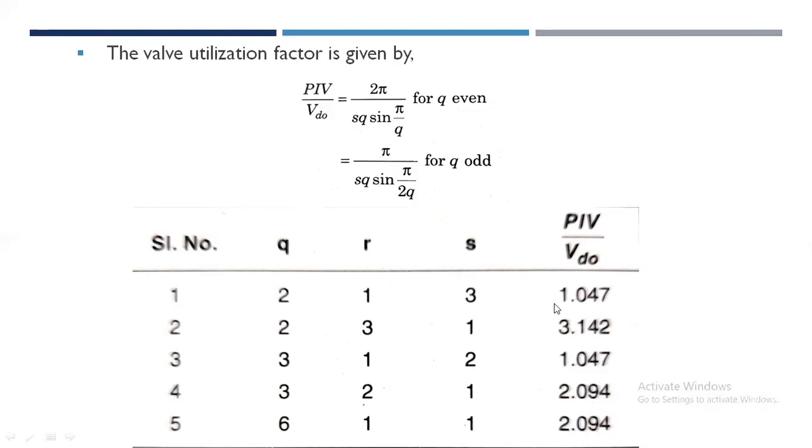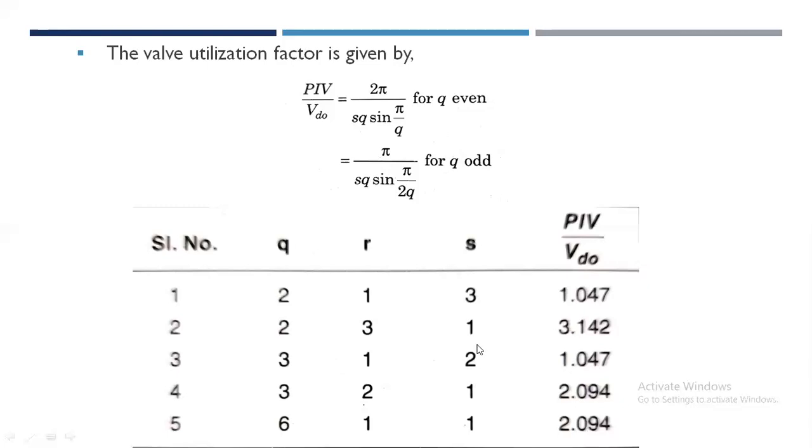We are getting a minimum valve utilization factor, that is 1.047. And if you compare that with the third one, Q equal to 3, R equal to 1 and S equal to 2, again we are getting the same value, 1.047.